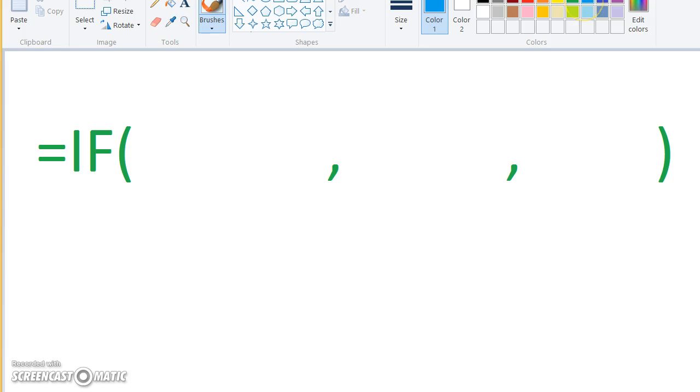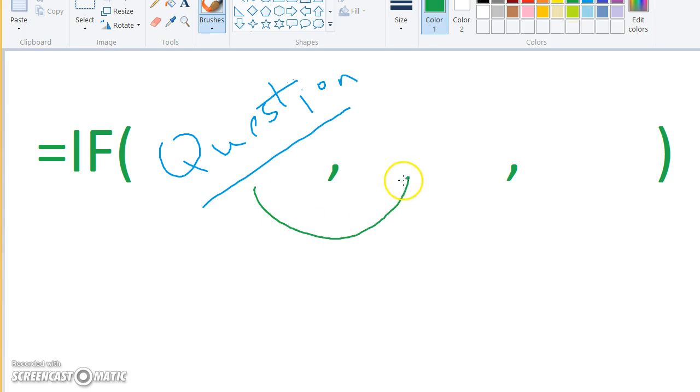Now, what you do is fill in the blank depending on what you've got going on, and you're going to, again, talk about the values by their cell names. So again, this is a question. Once you've got that question or condition put in right here, in the event that it is yes, you're going to have some kind of value that should show up if it was yes.